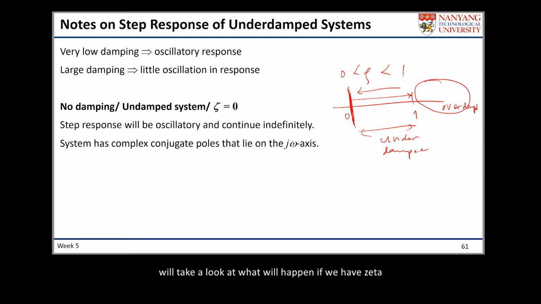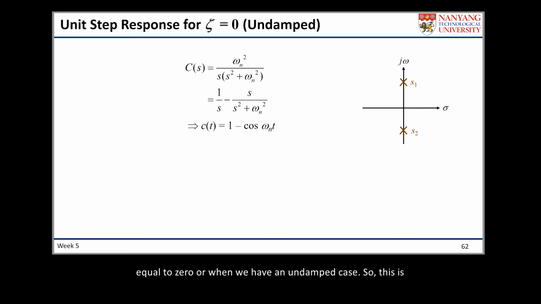In the next slides, we will take a look what will happen if we have really zeta equal to 0, or when we have undamped case. So this is for a case of undamped second order system. You still remember we discussed this.